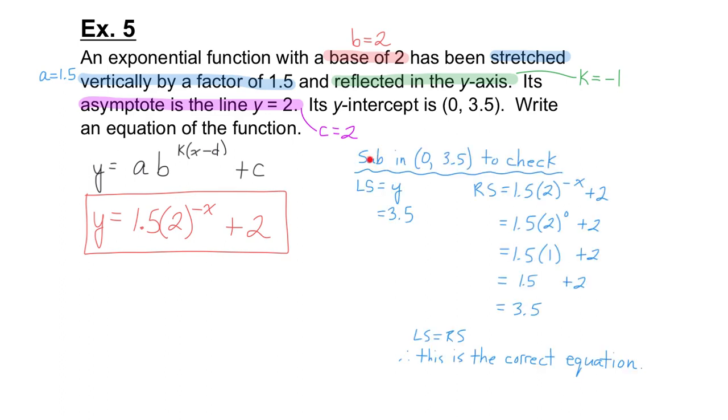So when I substitute the point (0, 3.5) into my equation, when x is 0, replace x with 0. Y is 3.5, replace y with 3.5. I see that the left side of the equation is equal to the right side of the equation, which means this equation works. This is the correct equation to model this function.